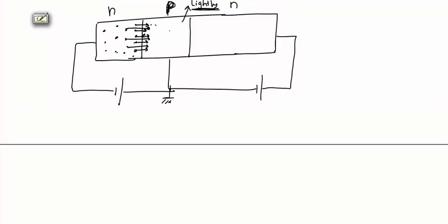When these charge carriers are injected into the base region, there will be a large number of electrons, and this region is also an N-type region, but the concentration of electrons in this base region will be very large as compared to concentration of electrons in this region.